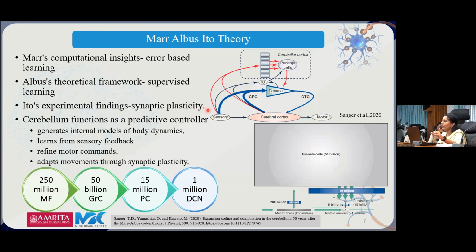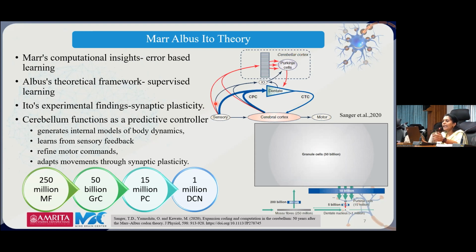This substructure was very important from the 1960s onwards, following the discoveries of John Eccles in the 1950s. David Marr proposed the codon theory, a computational insight. He said that this is error-based learning, which was taken forward by James Albus in the 1970s, who said that this is more of a supervised learning.